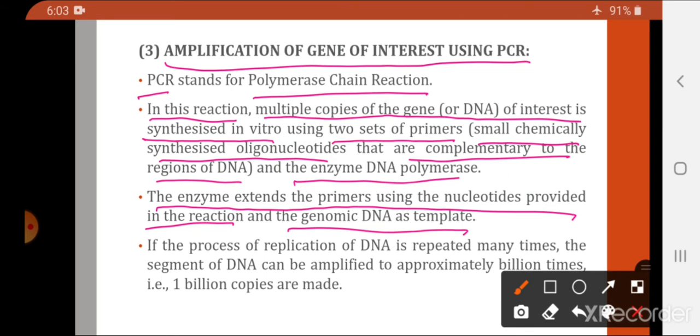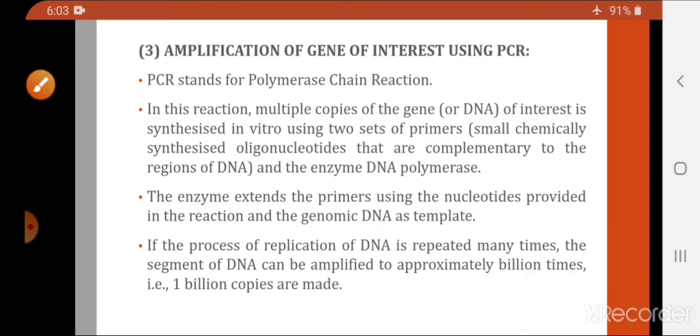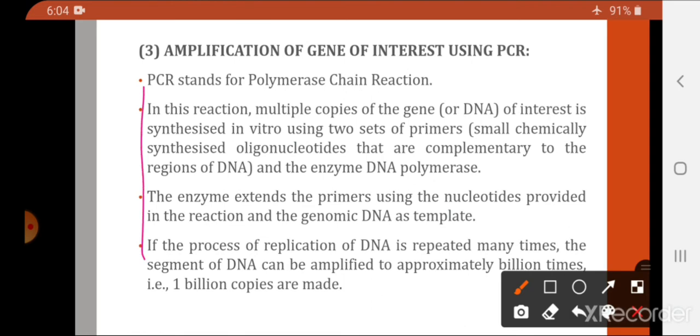Say for example ये gene of interest का एक strand है. Okay, listen very carefully. Suppose this is the gene of interest and these are the two strands of the gene of interest. Okay, now say for example प्राइमर, एक प्राइमर यहाँ पे आएगा, एक प्राइमर यहाँ पे आएगा. अब ये एंजाइम क्या करेगा? ये प्राइमर के पोजीशन से एक्सटेंड होगा. So it will move in this direction and this will move in this direction.